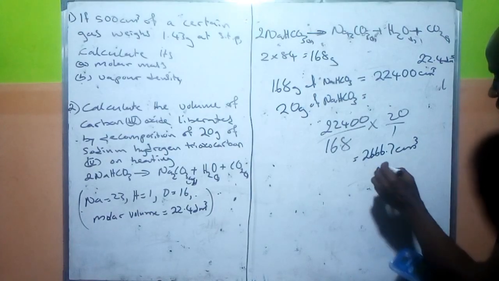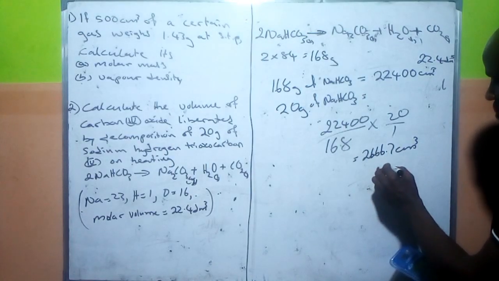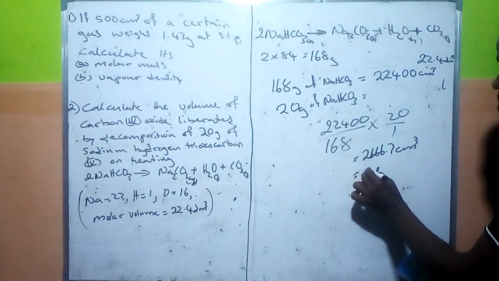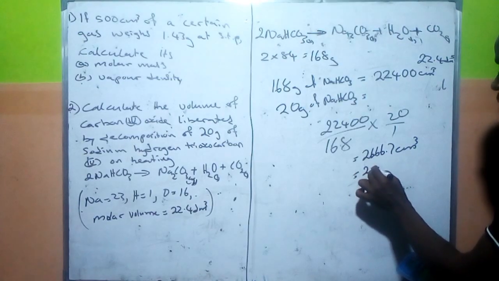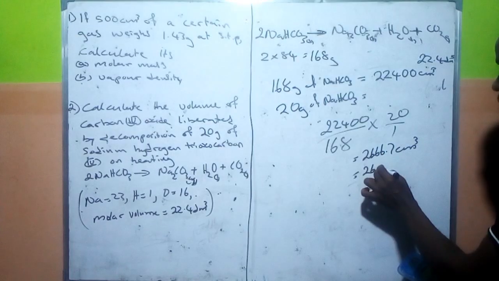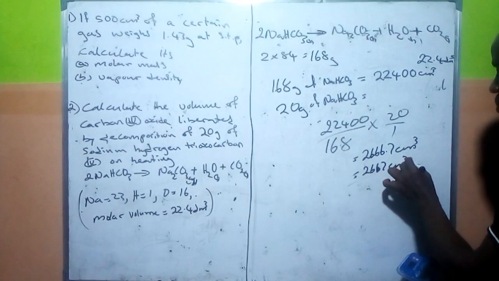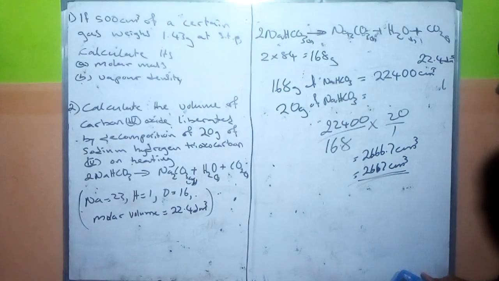Alternatively, if we round it up, we have 6 cm cube. That is what we get.